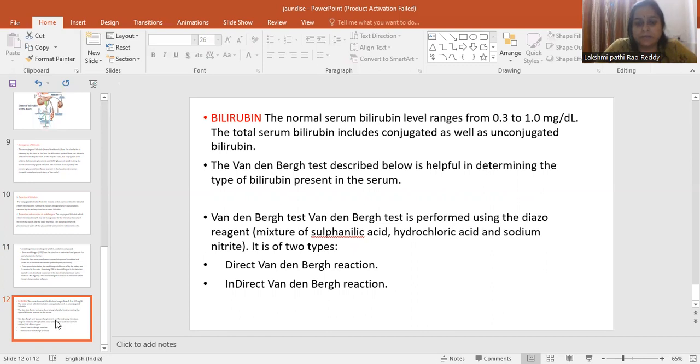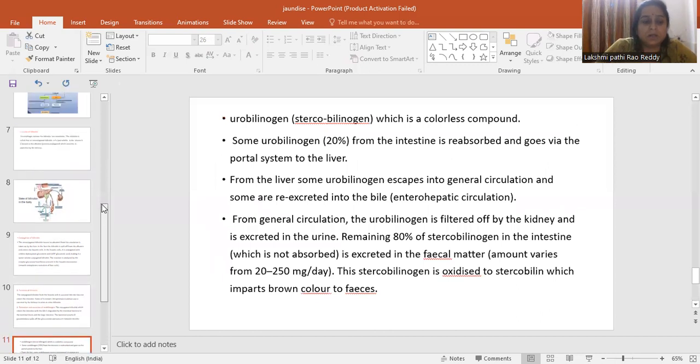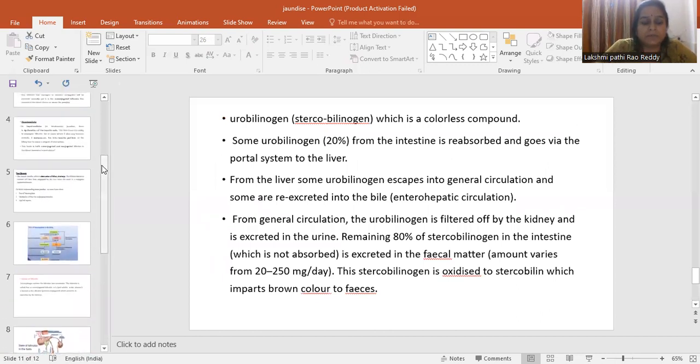It is of two types: direct Van den Bergh test and indirect Van den Bergh test. So this was all about jaundice and types of jaundice.